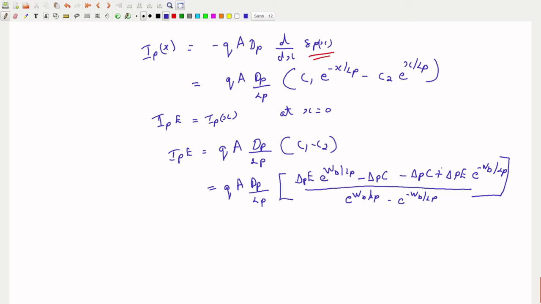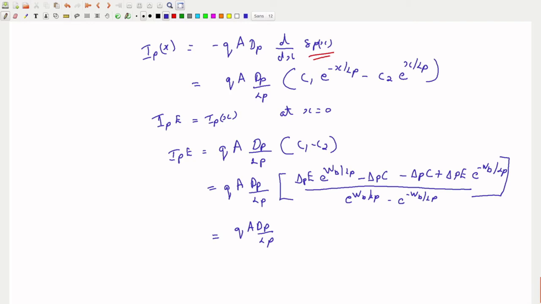Now group delta PE terms and delta PC terms so that we get, and also applying the mathematical knowledge that we have, e raised to WB by LP plus e raised to minus WB by LP can be written as cosh.